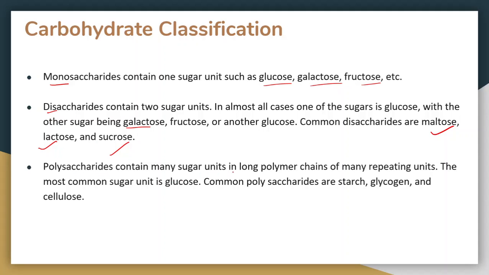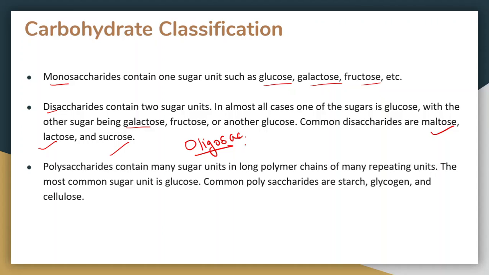Polysaccharides contain many sugar units in long polymer chains of many repeating units. Polysaccharide means multiple units. There is also one term I would like to introduce here: oligosaccharide.